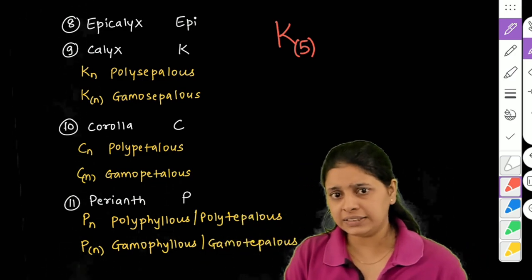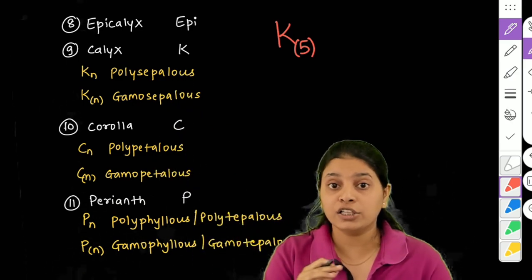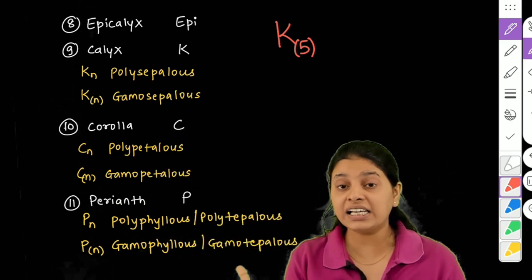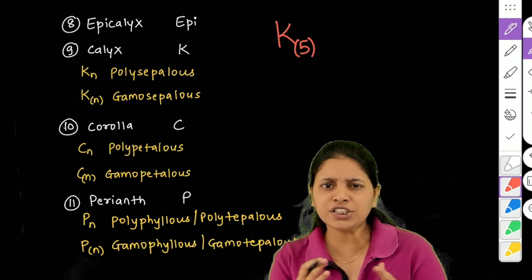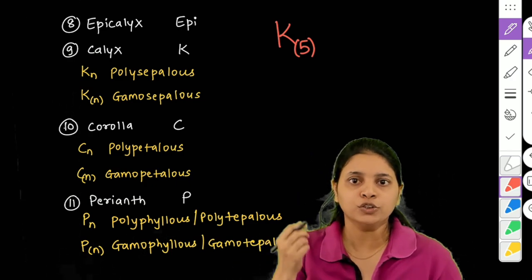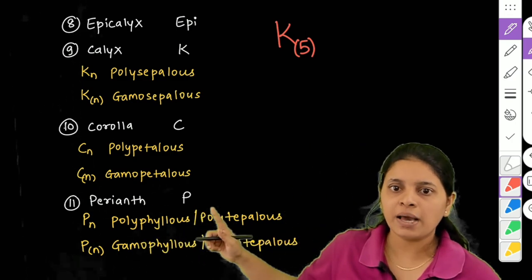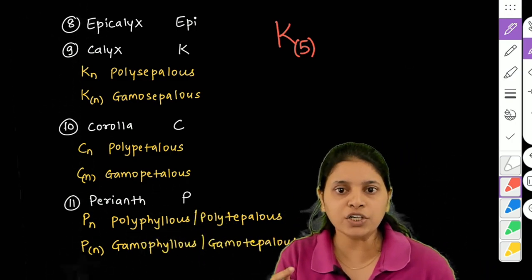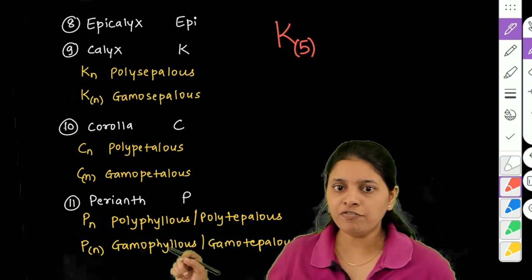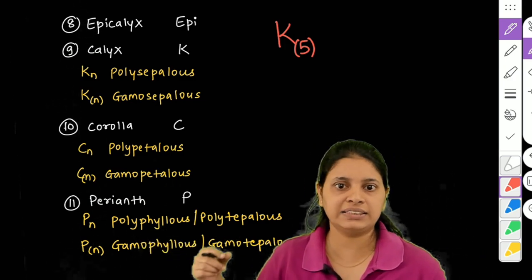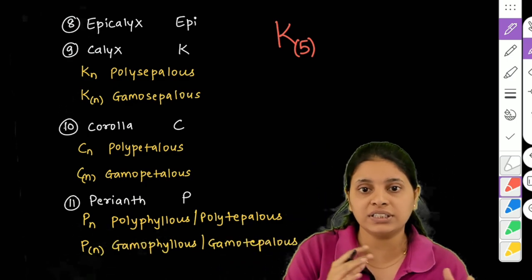Now, in some flowers, we will see that the calyx and corolla are not distinguishable, like in the Liliaceae family. In lily flowers, you cannot distinguish between the calyx and corolla. So, here we use the term perianth and the symbol is P. The basic unit of perianth is a tepal, and hence if the number of tepals is, let's say, 6, then we will write the number 6 over here depending on its arrangement.